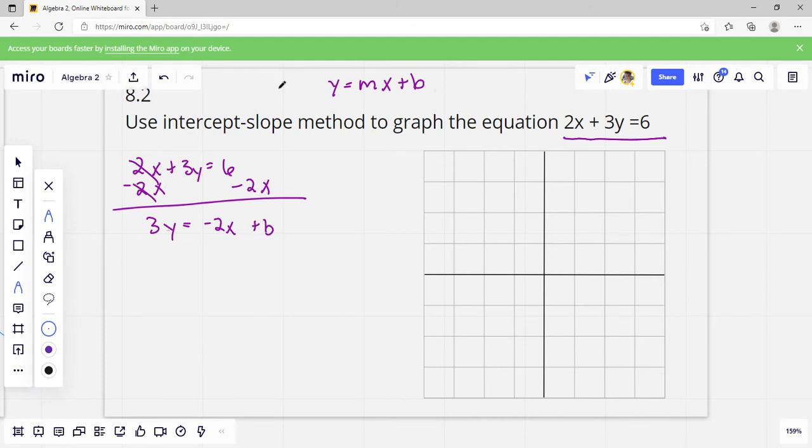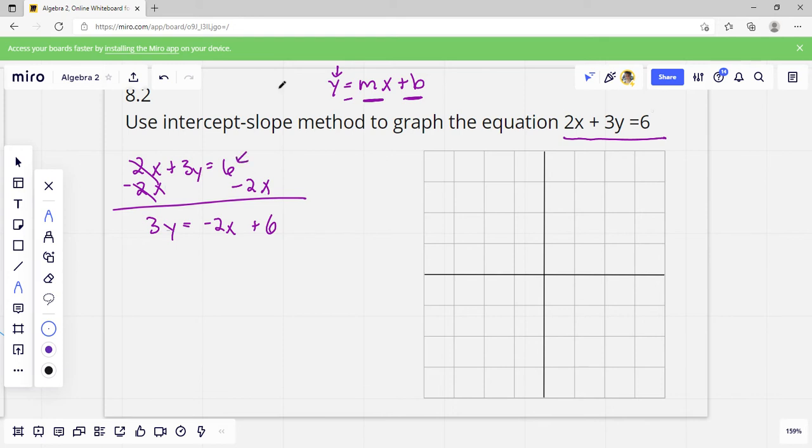Y equals mx plus b. So my y term has to be first, then my equal sign, then something multiplied times x, then my term that doesn't have a variable. All right, so I've got my y term, I've got my equals, I've got my x, and then I've got my plus b, which will be plus 6. Right, because of the 6 right here.